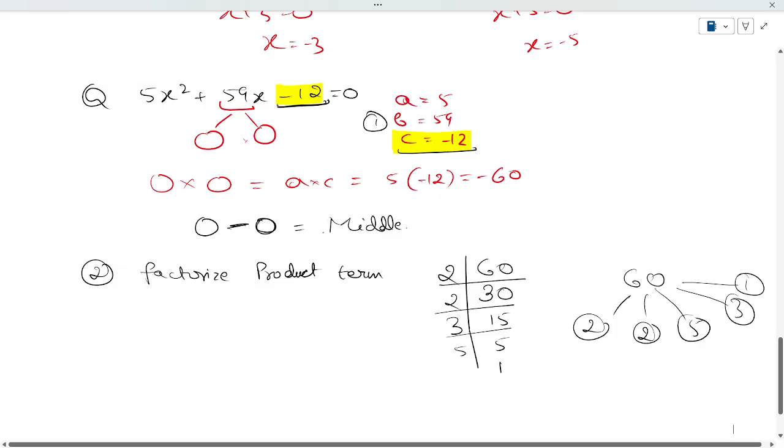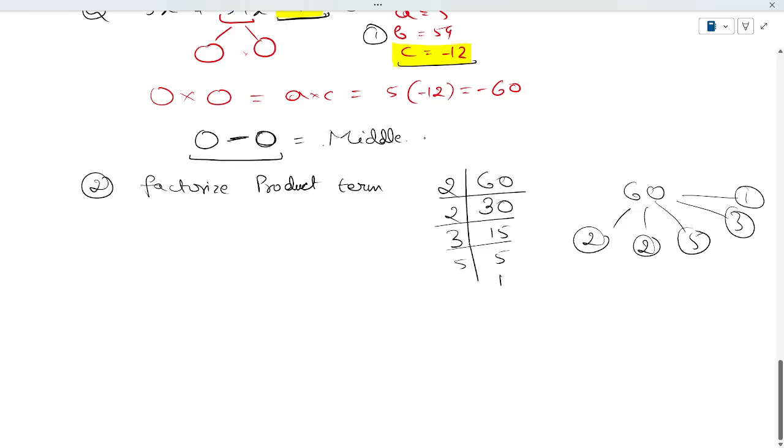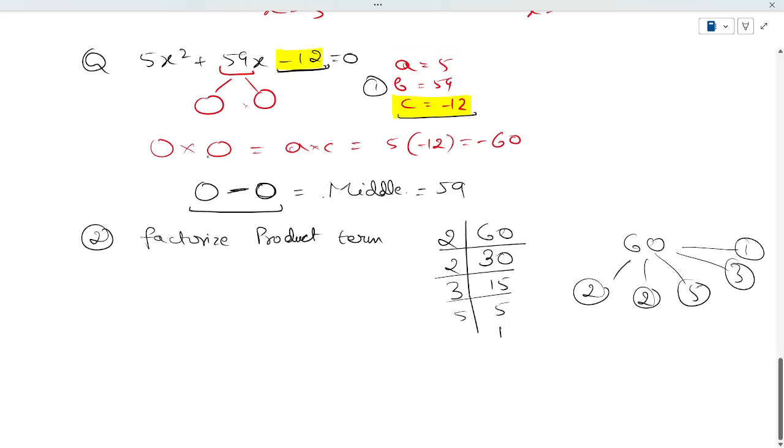Using these factors, we need a combination whose subtraction gives the middle term 59 and whose multiplication gives the product term 60. How can we form these combinations? Let's try. If we take 2 into 2 is 4 and 5 into 3 is 15, 15 minus 4 is 11 and here we get 60, right?